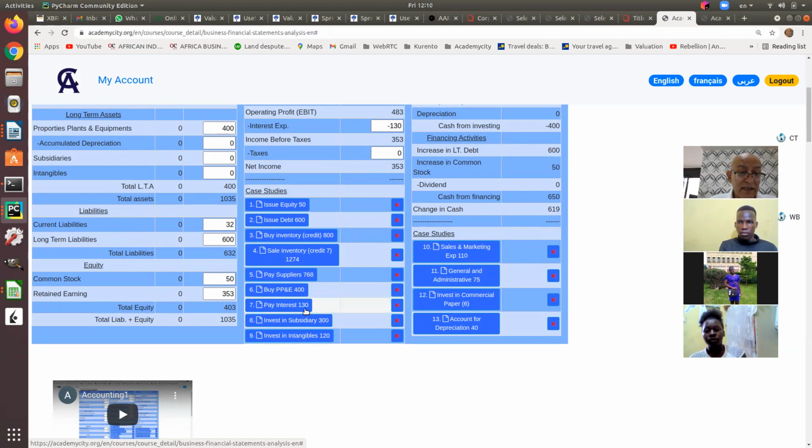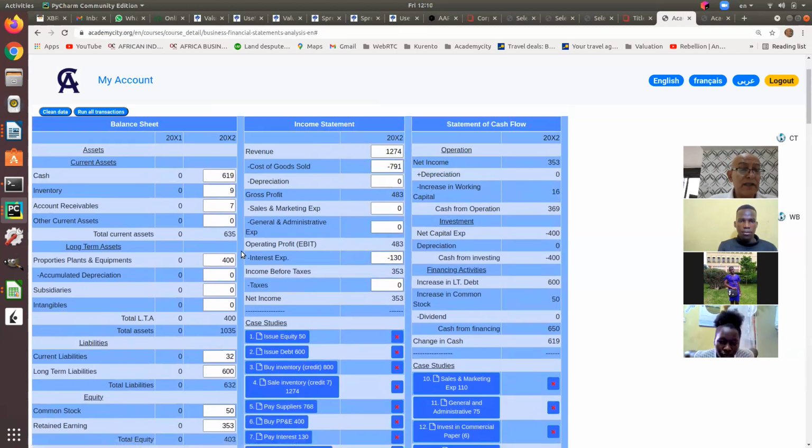As we said in transaction number 6, when I bought the machinery for 400, my cash went down by 400, machinery went up by 400. When I go and buy another company, I won't get into the deep meaning of it. For now, we use some of our cash and we buy another company.